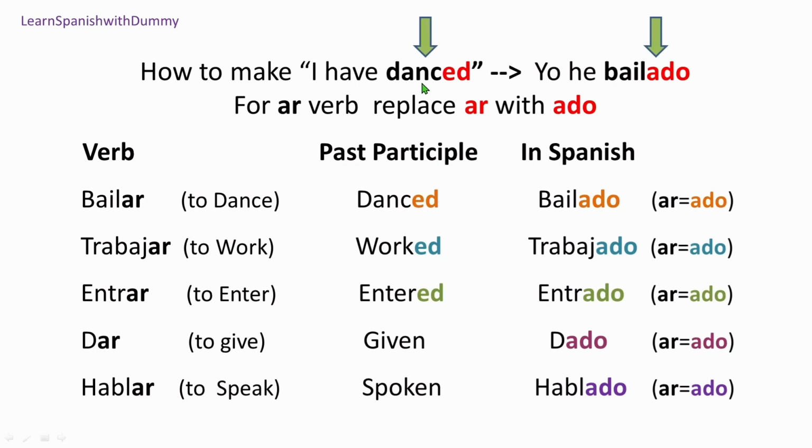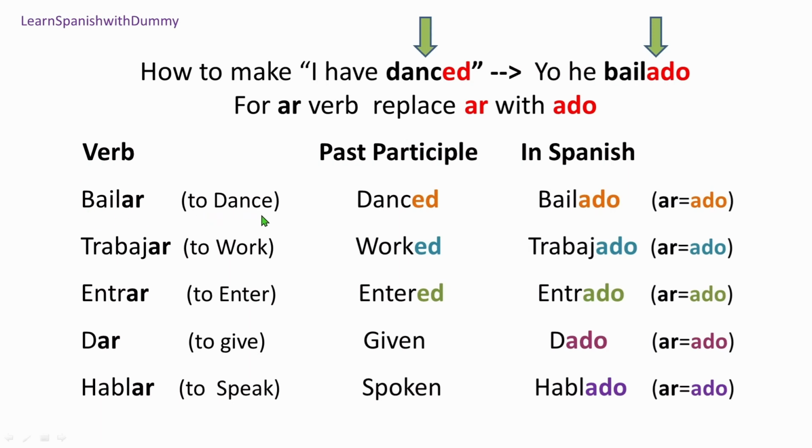We call it a past participle. We're going to learn here how to do this for the AR ending verbs. Now, we have the verb "dance," and we want to make it "danced," because that's what we need. I have danced, we say. The original verb is bailar.